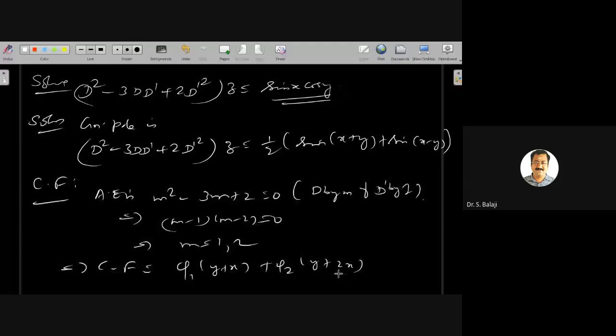We can write m minus 1, m minus 2 is equal to 0, so m equals 1, 2. This implies CF is equal to phi 1 of (y plus x) plus phi 2 of (y plus 2x), that is, y plus m1 x plus y plus m2 x. This is the CF, the complementary function. Correspondingly, you have to write the particular integral also.